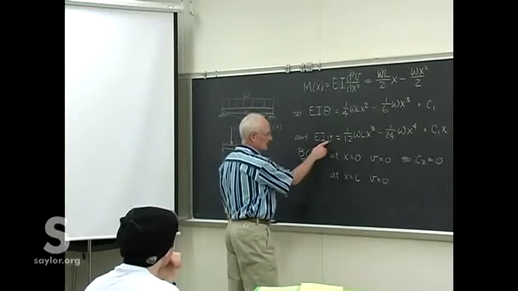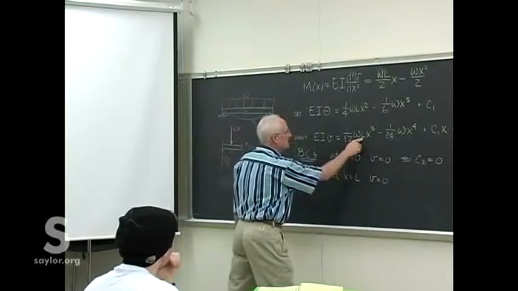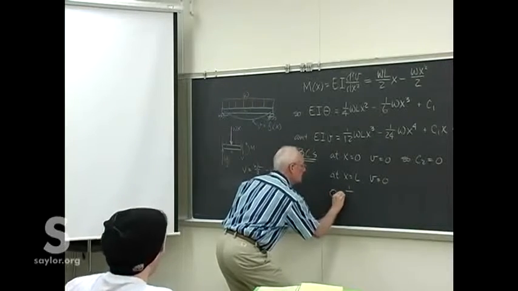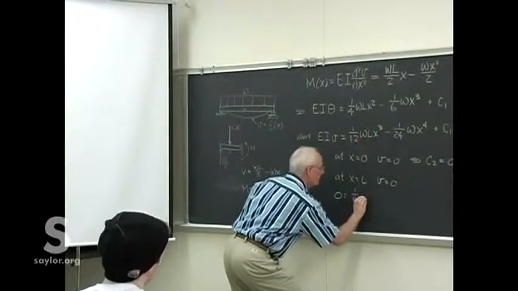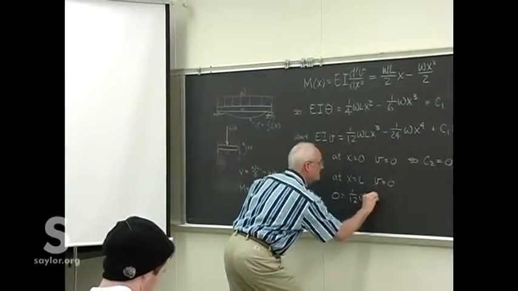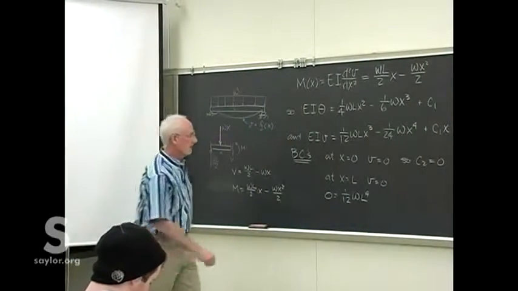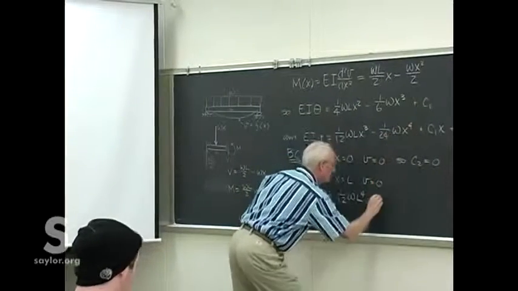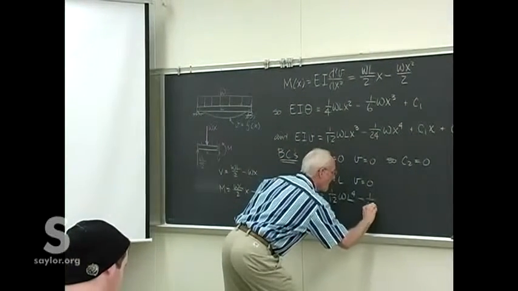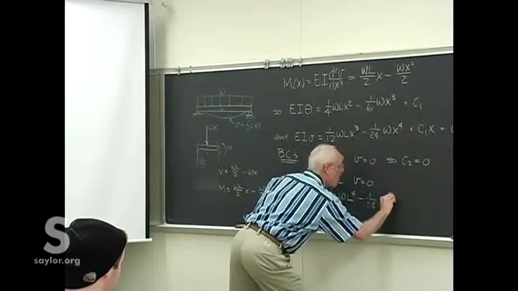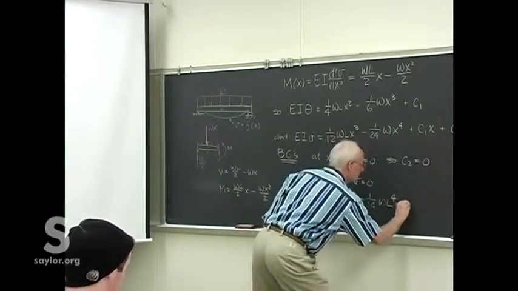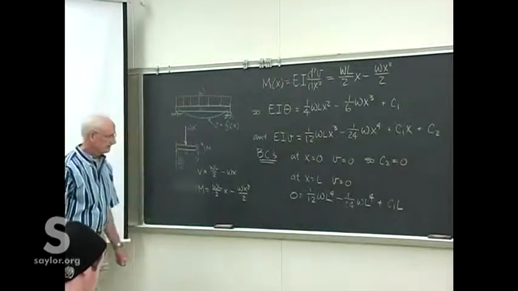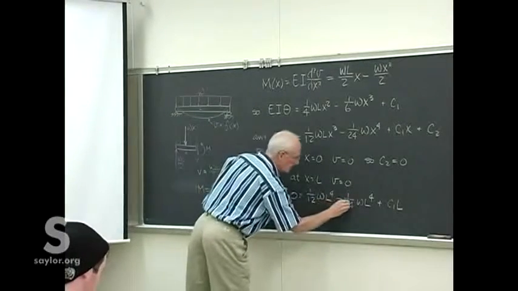So that's 0. This becomes L to the fourth. So 0 equals 1/12 WL to the fourth minus 1/24 WL to the fourth plus C1L. And that should all equal 0.